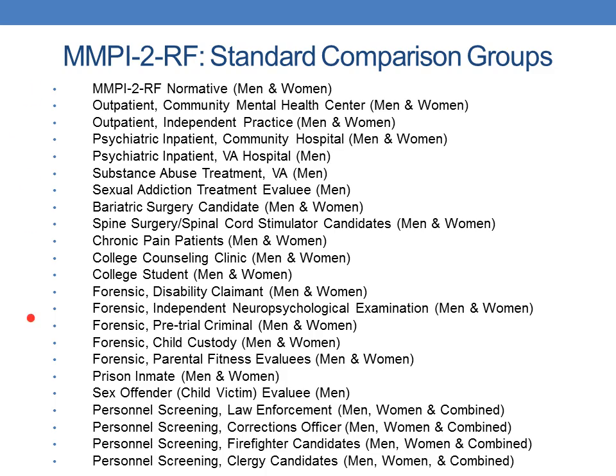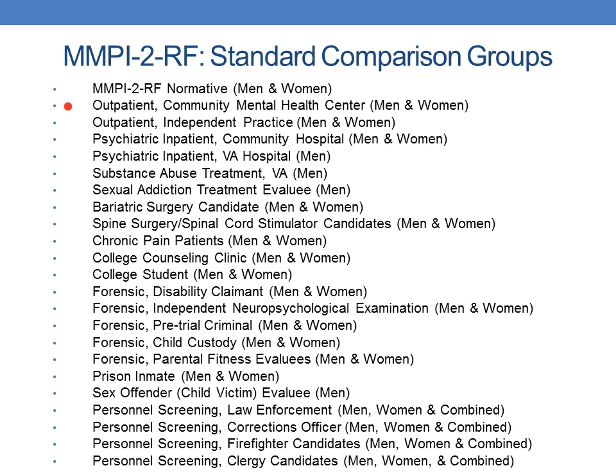This is a list of all these different groups, and I'm going to come back to this because there's a really neat feature of the test that incorporates these groups. But essentially, what you have in this manual is means and standard deviations on all 51 scales across all of these different types of groups.